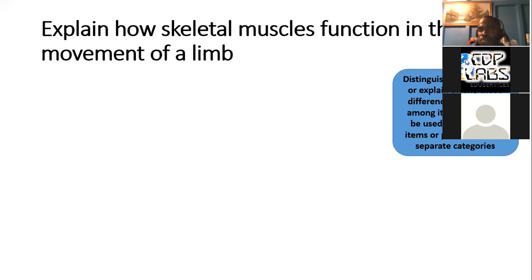No. Explain how skeletal muscles function in the movement of a limb. In this case you're accounting for, describing what really happens.